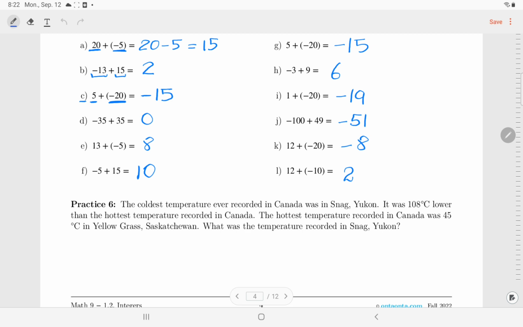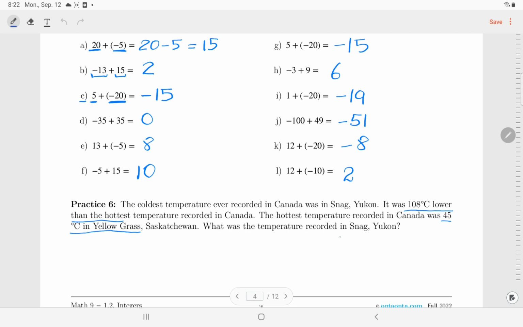The coldest temperature ever recorded in Canada was in Snag, Yukon. It was 108 degrees Celsius lower than the hottest temperature recorded. The hottest temperature recorded was 45 degrees Celsius in Yellowgrass, Saskatchewan.